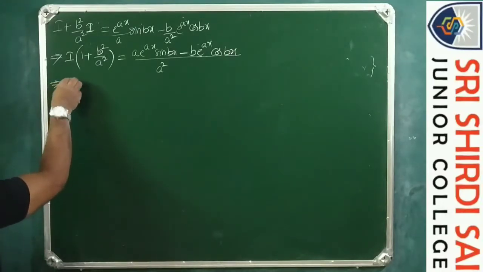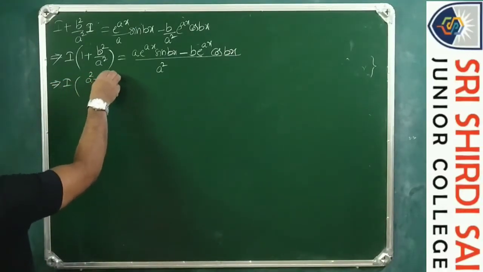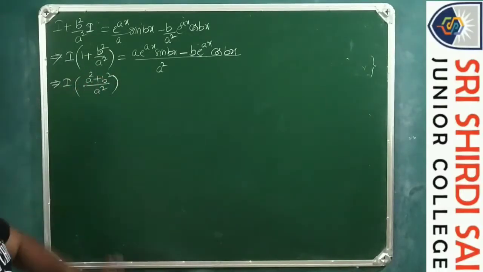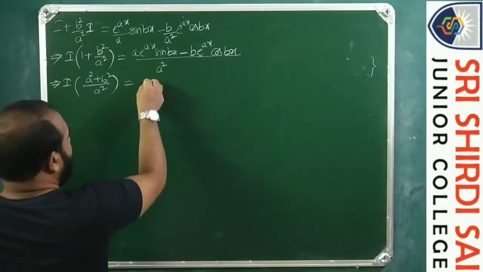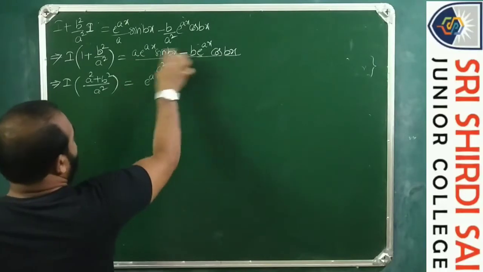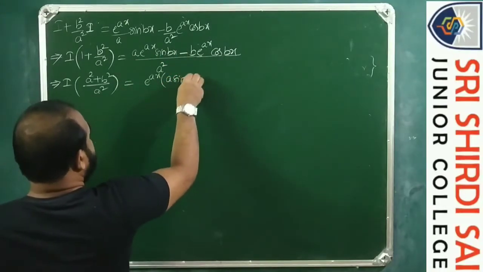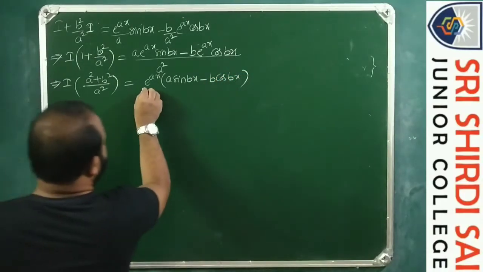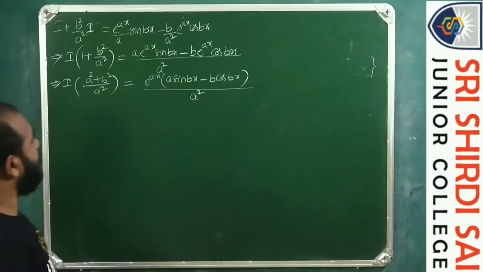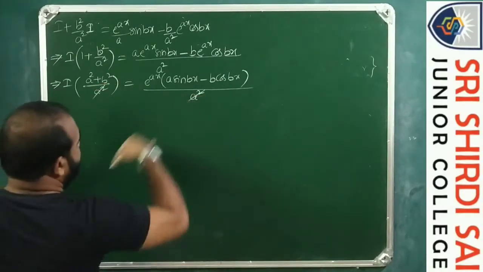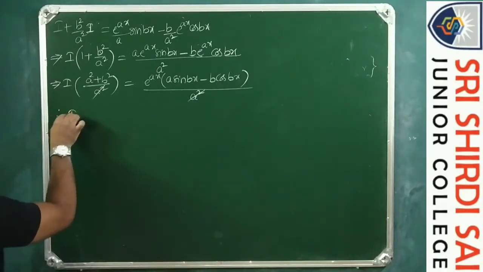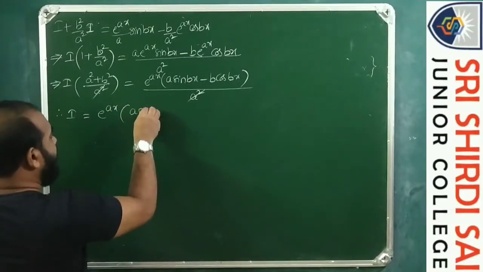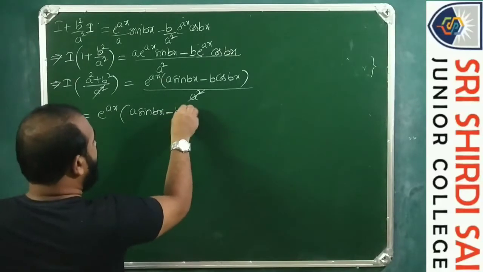This implies I into a square plus b square by a square, where a square is the LCM. Take e power ax common in both of them, and we get a sin bx minus b cos bx by a square. So a square gets cancelled, therefore I is equals to e power ax into a sin bx minus b cos bx.